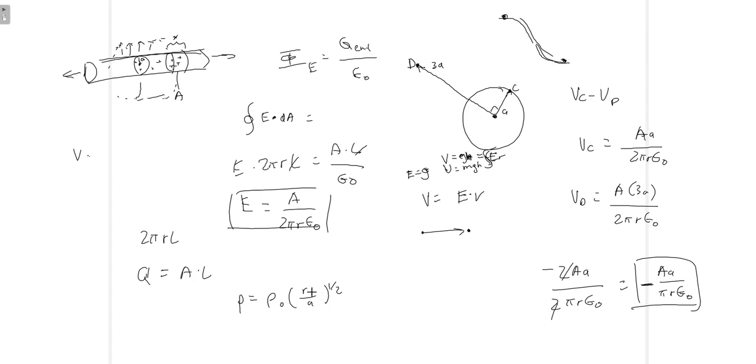Express your answer in terms of, okay, so this is just asking us to integrate to find the electric field as a function of r. So E equals 2 pi r.